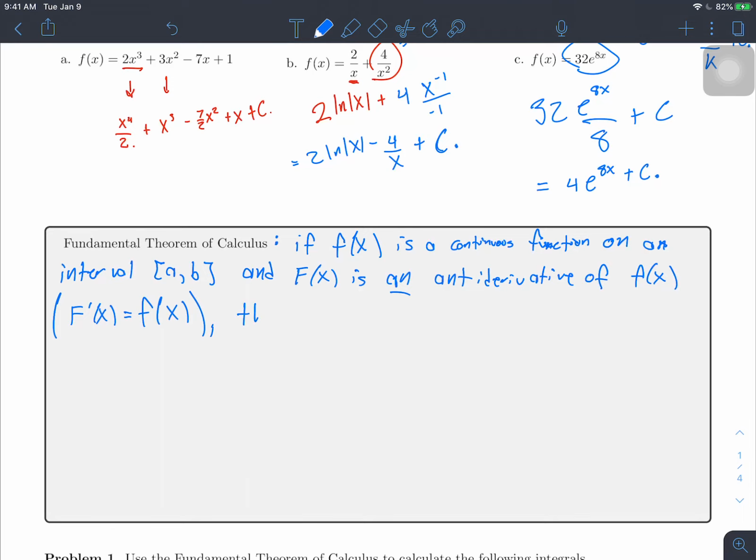Then, okay, have I gotten everything? Continuous function on an interval from a to b, capital F is an antiderivative. Then, the integral from a to b of f of x dx is equal to capital F of b minus capital F of a.